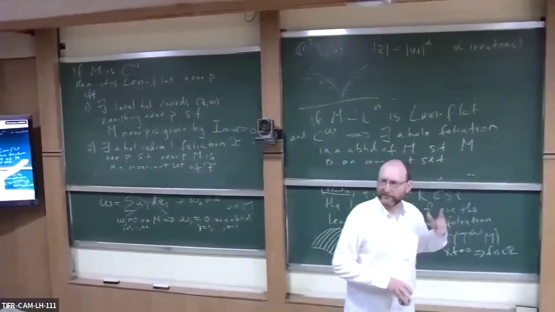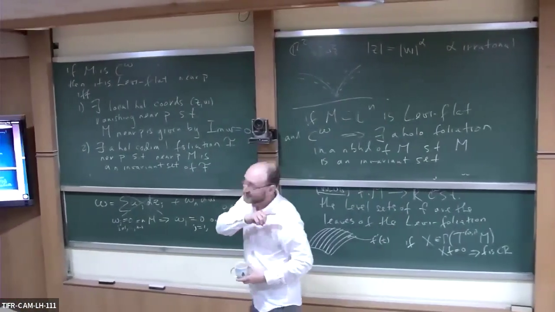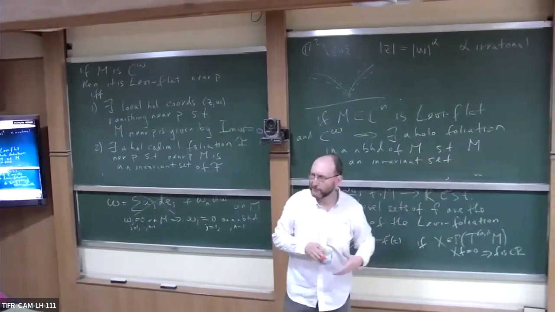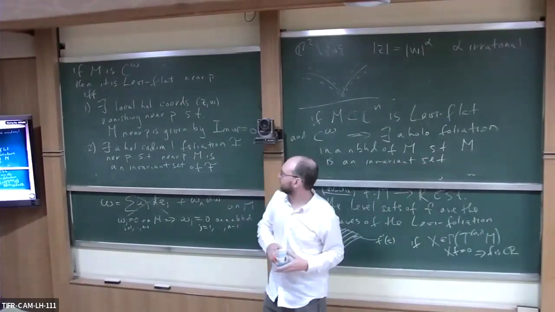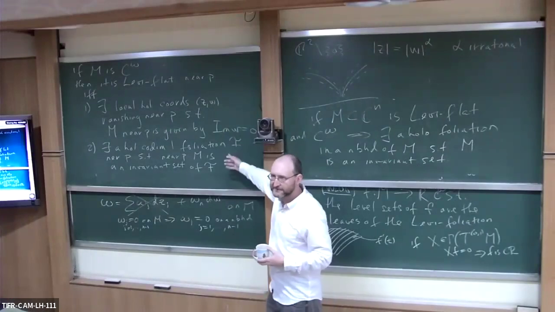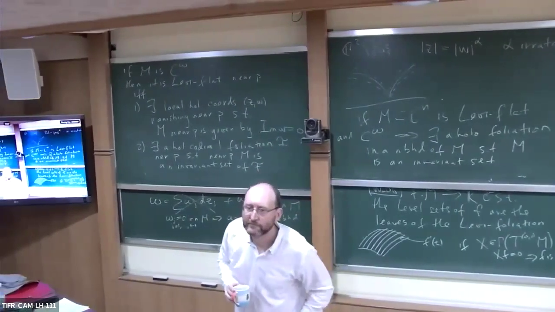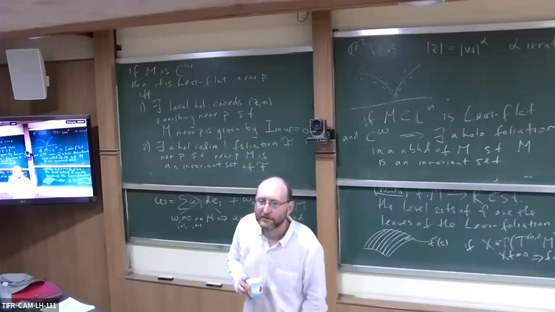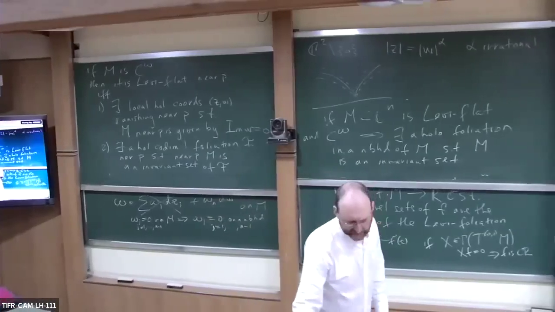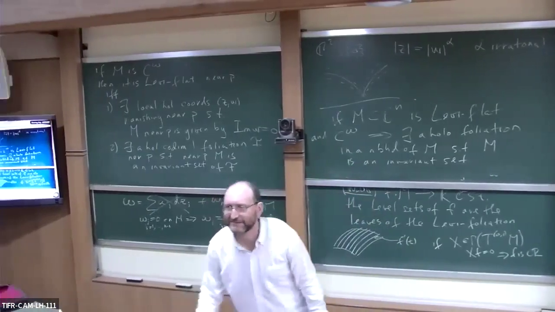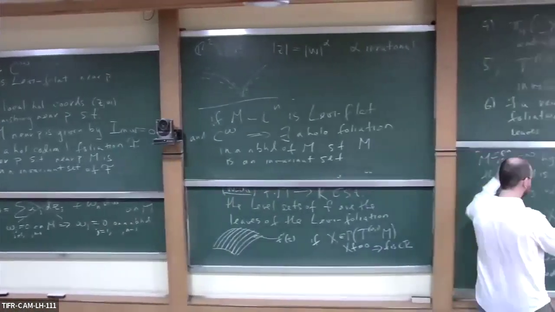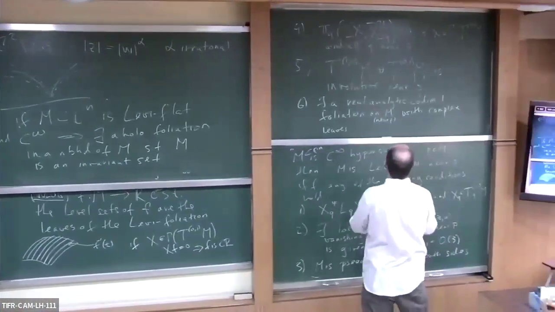So it would be something in between. How far can we get for smooth? You could use that as a definition, but then for real analytic, you can actually extend the foliation to a neighborhood. So here, I meant to say real foliation, but not analytic, right?